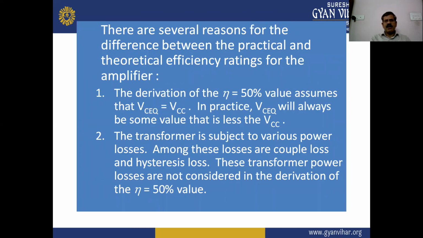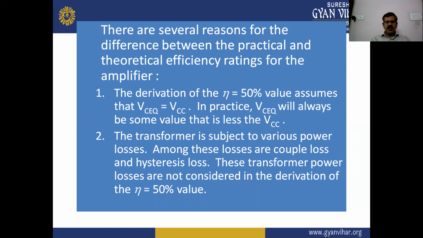There are several reasons for the difference between the practical and theoretical efficiency rating for the amplifier. So first, the derivation of the efficiency 50% value assumes that VCEQ equal to VCC. In practice, VCEQ will always be a value that is less than VCC.